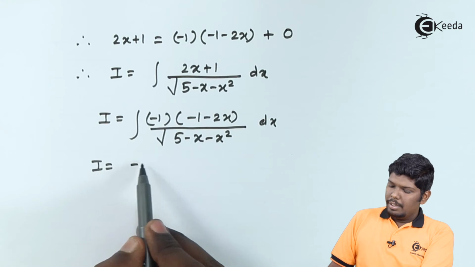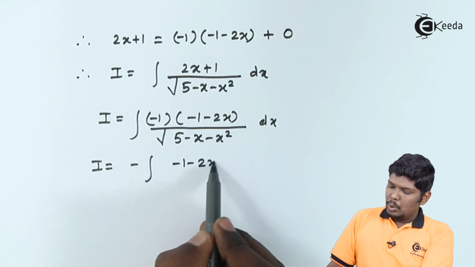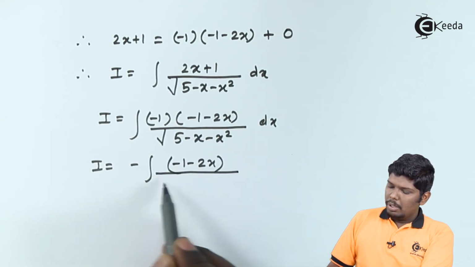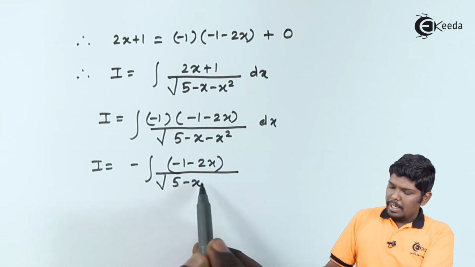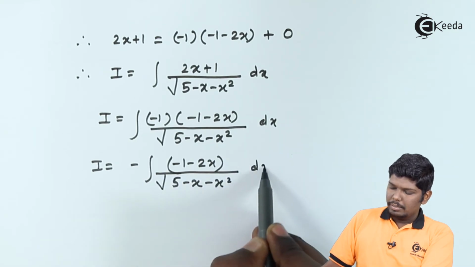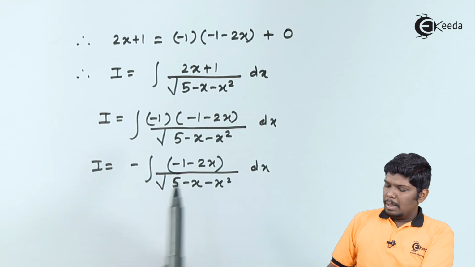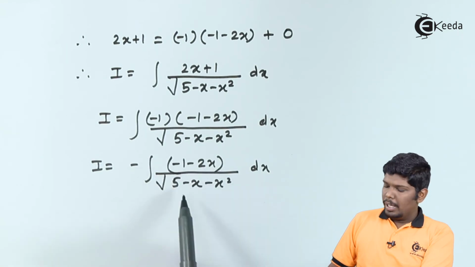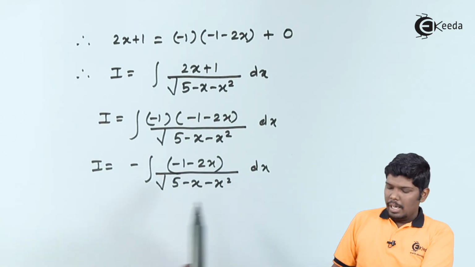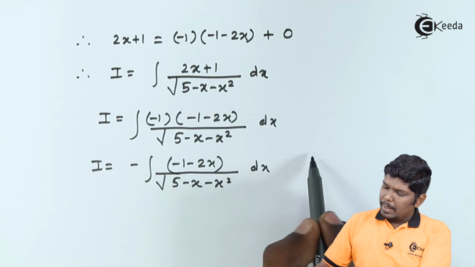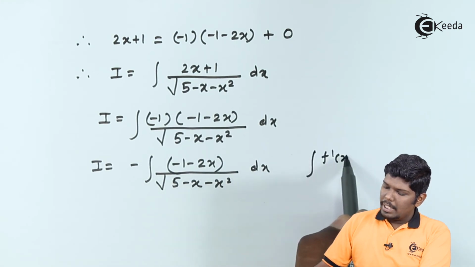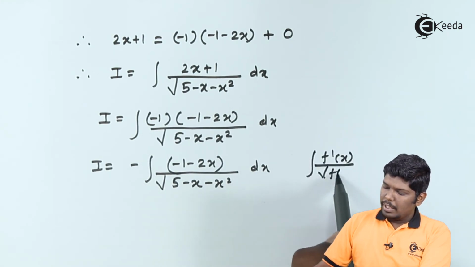Taking minus outside, we have minus 1 minus 2x upon under root 5 minus x square dx. Here you can see minus 1 minus 2x is the derivative of this quadratic equation. It means this integral is present in the form of integral f dash x upon root f of x.